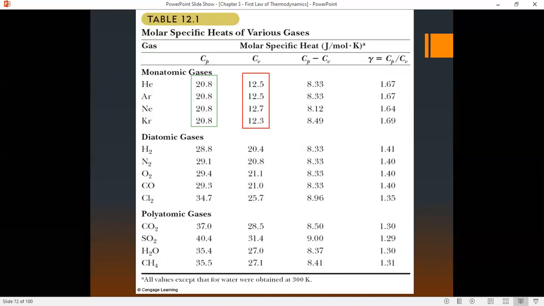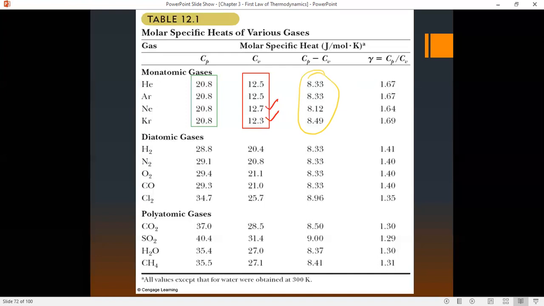You see a little bit of deviation with neon and krypton, and that's not unexpected. Their van der Waals forces are a little bit greater. But again, the difference between Cv and Cp is pretty much close to R.